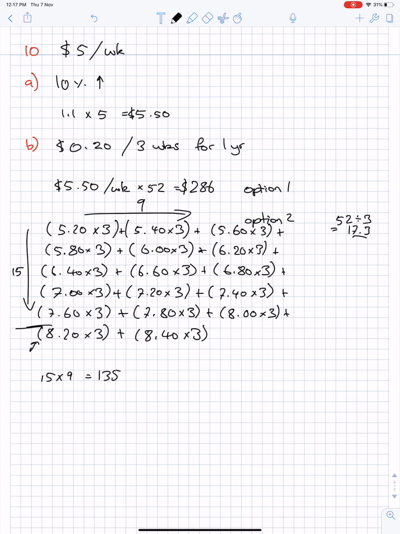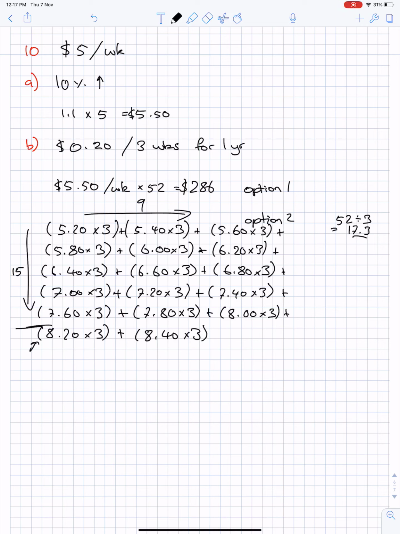1, 2, 3, 4, 5. Let's count. Sorry, I'm doing it wrong. But let's count how many weeks we have so far. So 1, 3, 6, 9. Oh, we can just do our 3 times tables.